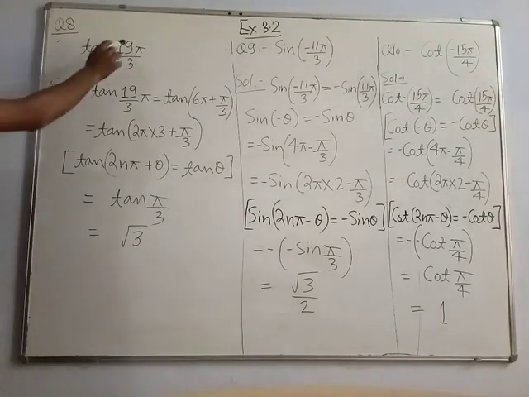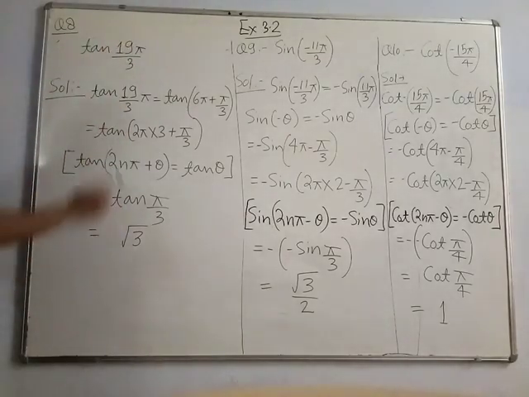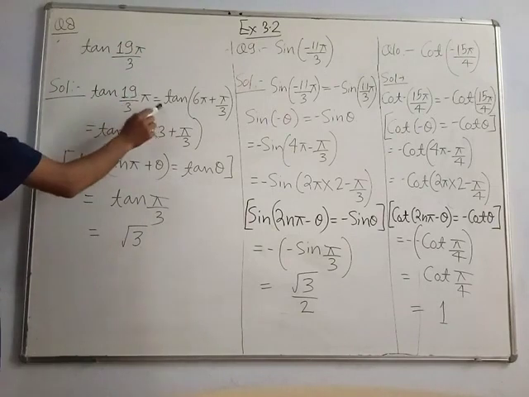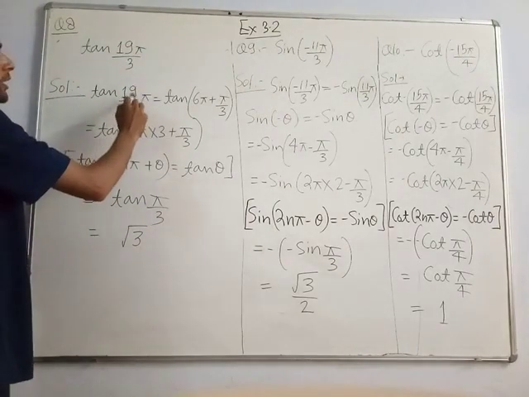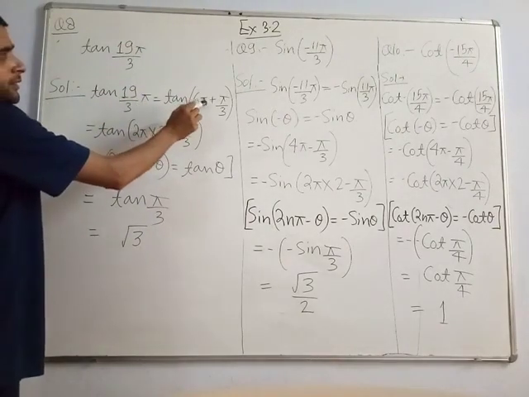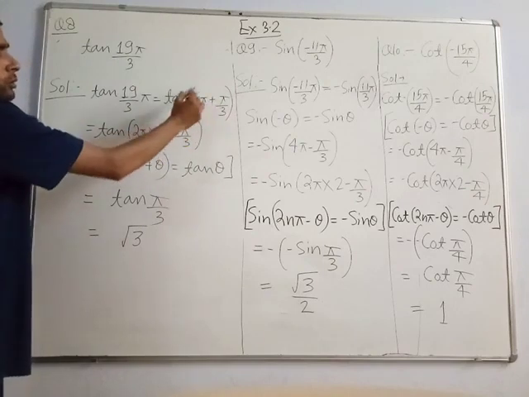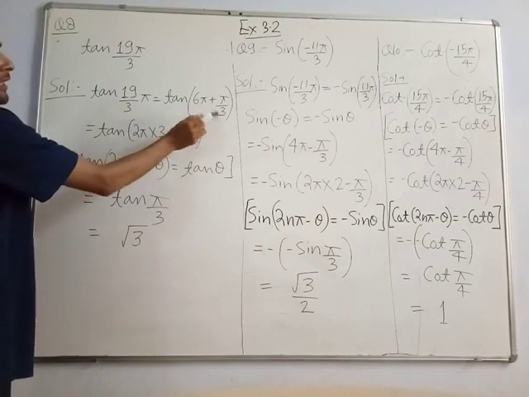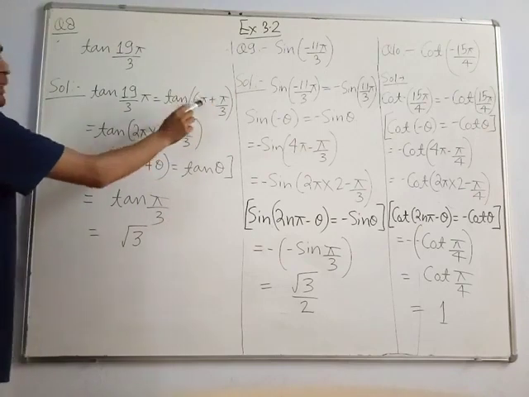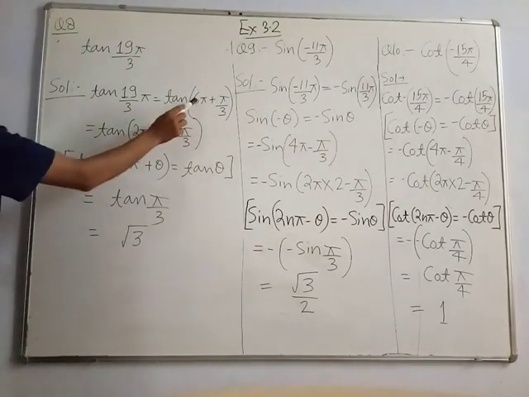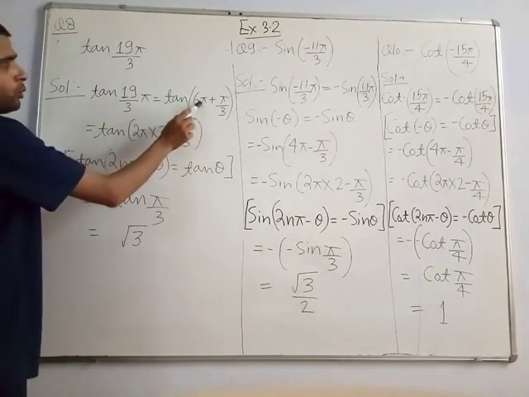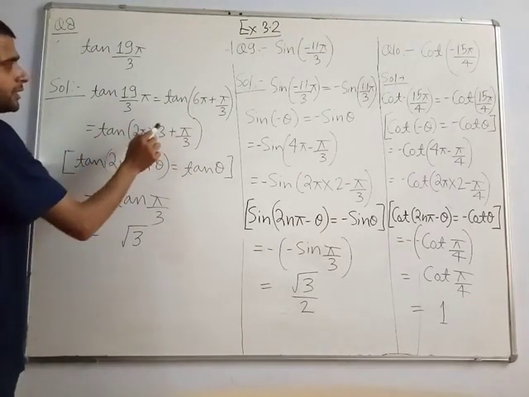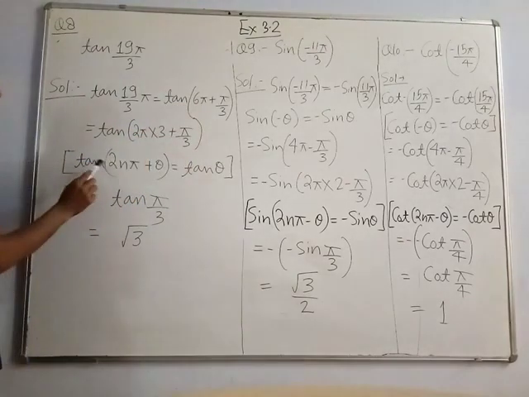Then question number 8, tan 19 pi upon 3. So tan 19 pi upon 3 means tan of 6 pi plus pi upon 3. You have to open this: 19 pi upon 3, 6 times 3 is 18 plus 1, 19 upon 3. So tan of 2 pi multiplied by 3, which is 6 pi, plus pi upon 3.